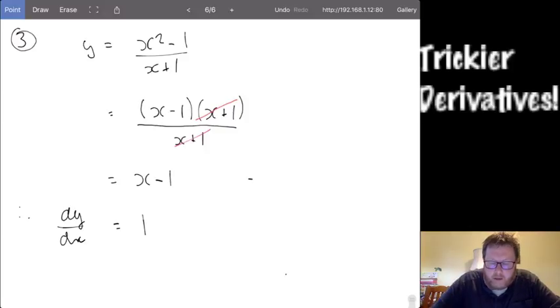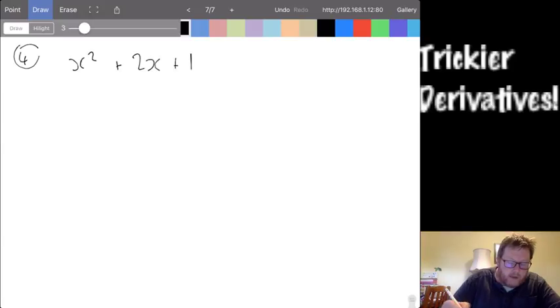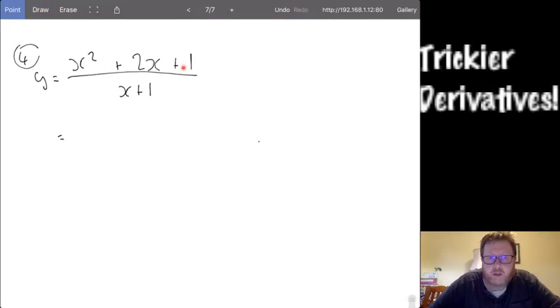Okay, let's have a look at another example. Example 4. It looks horrible, but it's not too bad. x squared plus 2x plus 1, all over x plus 1. Let's use y equals again, just to change it up a bit. We need to see that the top of this is factorisable. It's a trinomial.